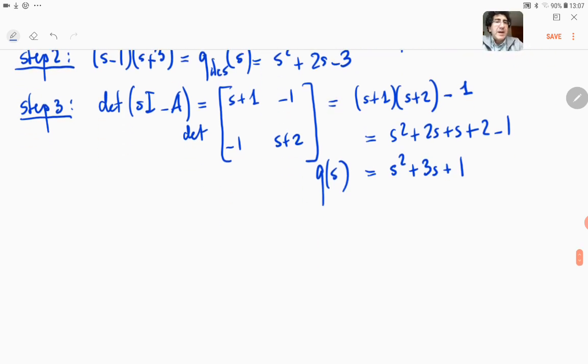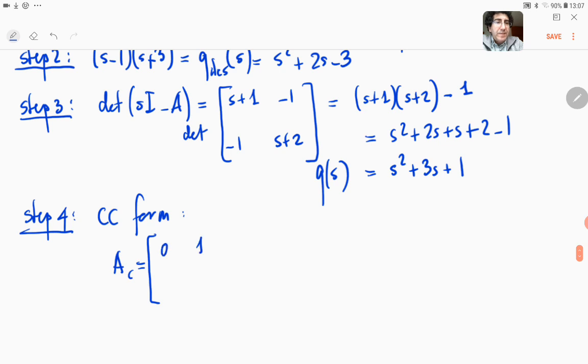Now with this, I can find the controllable canonical form. This is our step 4. The controllable canonical form has AC given by 0 and 1, and from here I have minus 1 and minus 3 from the characteristic equation coefficients.